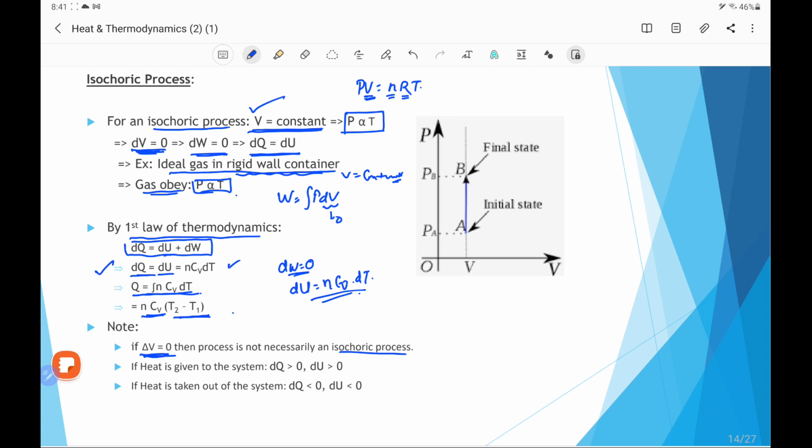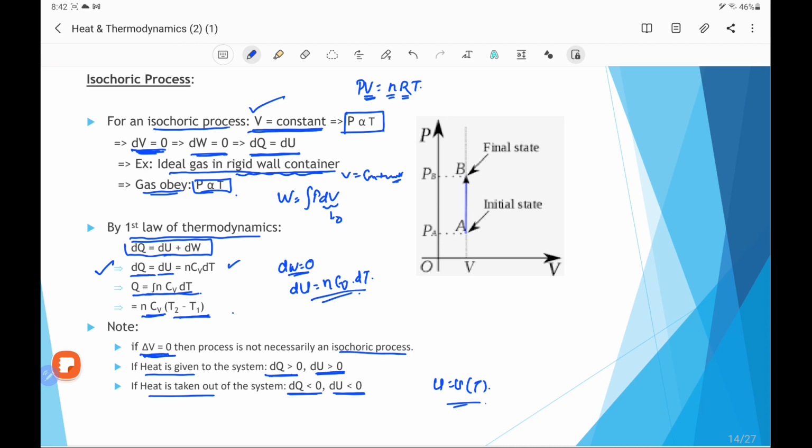In the isochoric process, if heat is given, then dq is greater than 0, and because of the heat given, temperature increases and the internal energy change is greater than 0. While if heat is taken out, as per convention, dq will be negative, and in that case temperature decreases, and hence du will be less than 0, because U is a function of the temperature.